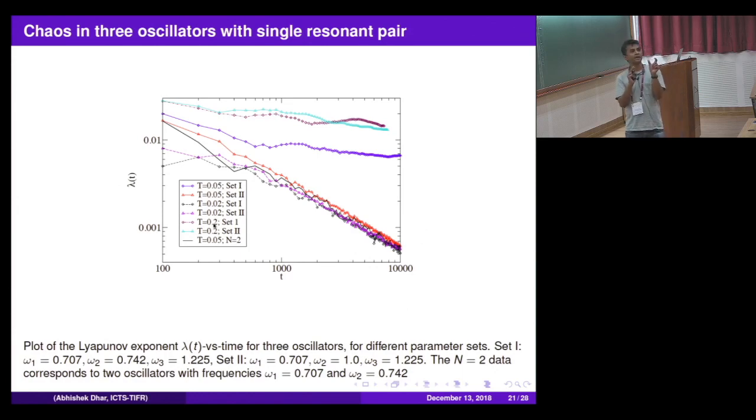If you take just 2 oscillators which satisfy the resonance condition, that's also not sufficient, and you find that the Lyapunov exponent just vanishes. So you need 3 oscillators, but only 2 in resonance. That's sufficient to generate chaos, and that's what this numerics suggests.